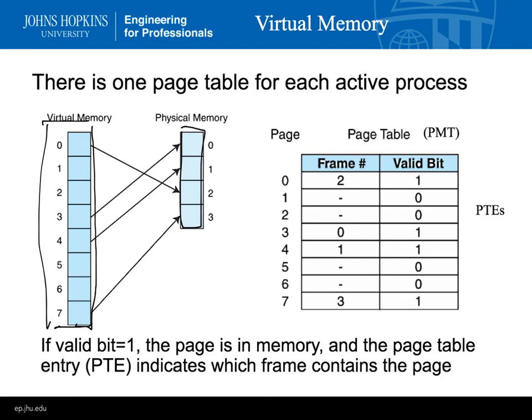When we look for an address, we have a virtual memory address where we say, I want page 0. Then you would go to the page map table, go to page 0, and find out that page is actually in physical memory. It's in frame 2. So we go to the physical memory and look for frame 2.